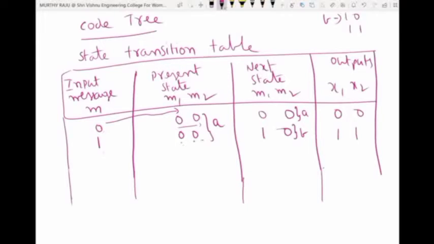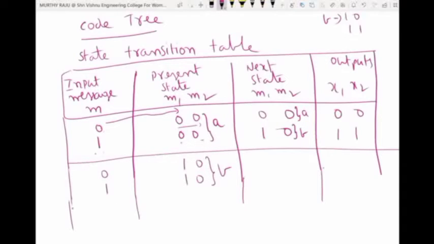You are in state A, the input bit is 1, and it goes to the next state, that is B state, with output 1, 1. That is a state transition. Next, consider the present state is B state, 1, 0. Here 1, 0 is the B state. Two possibilities of M are 0 and 1.